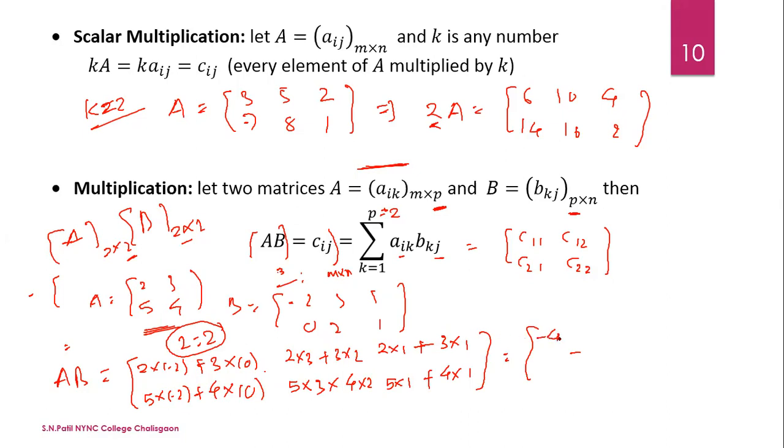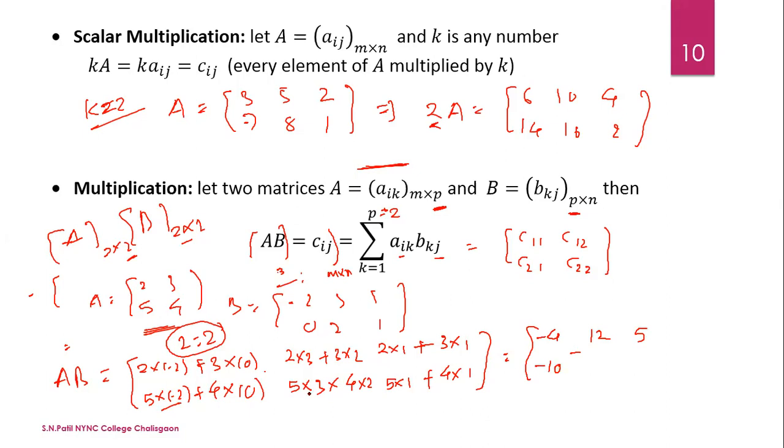So we get minus 4 plus 0, here minus 4. Now next, 3 into 2 is 6, plus 3 into 2 is 6, 6 plus 6 is 12. Now this is 2 plus 3, that is 5. Now here minus 10 plus 4 into 0, that is 0, so here we get minus 10.